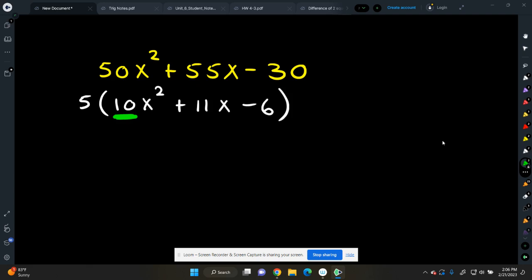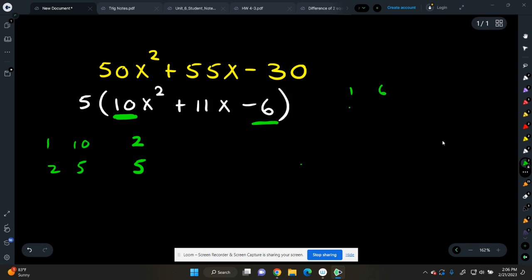So we're going to factor the 10x squared. I can either factor it as 1 and 10 or 2 and 5. So I'm just going to choose 2 and 5. If it doesn't work, I'll go back to 1 and 10. And then we're going to factor the negative 6. So I've got 1 and 6 or 2 and 3. So I'm going to choose the 2 and 3.